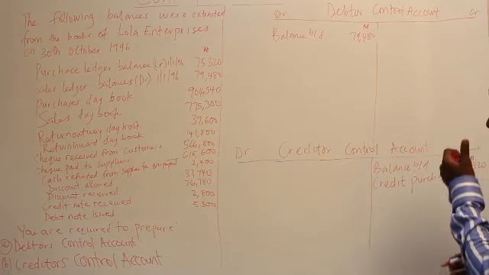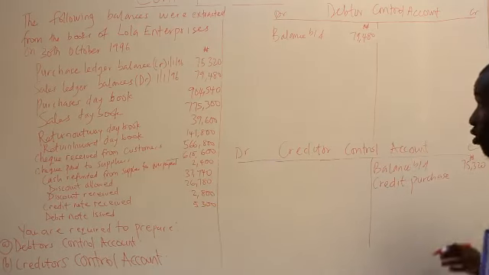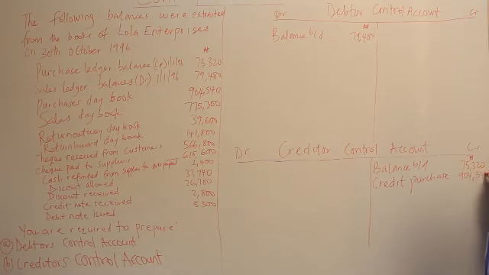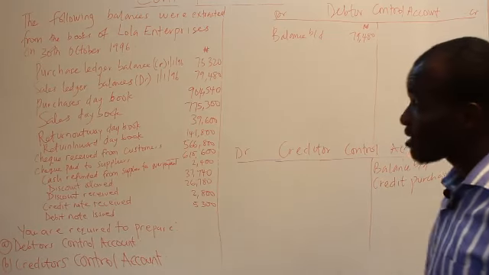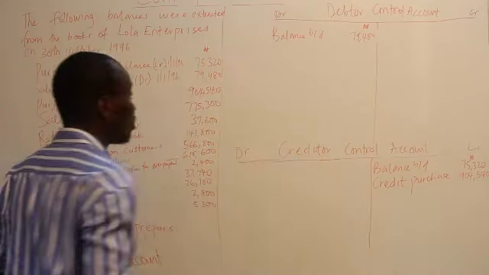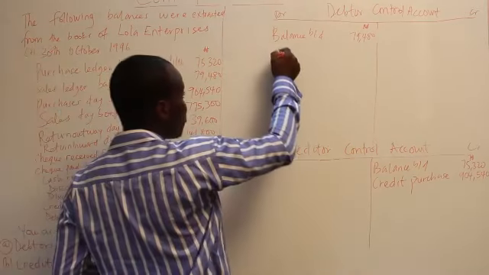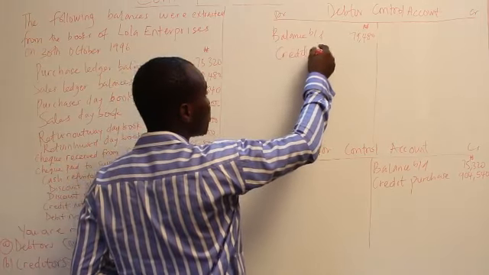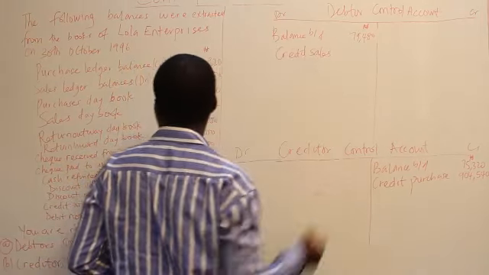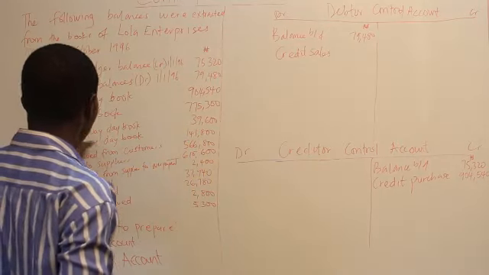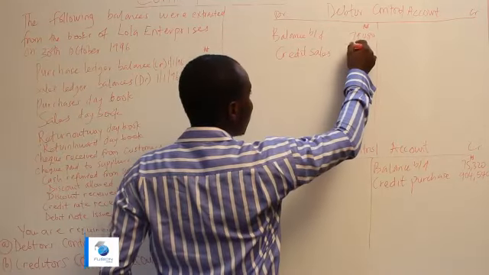That comes to the credit side of the creditor control account, 904,540. Now we have the sales day book. That is about the credit sales within the period, because all credit sales will be taken from the sales day book. So we have credit sales that give us 775,300.